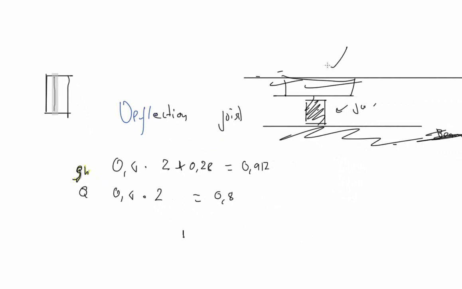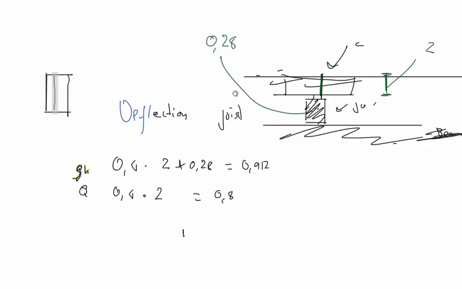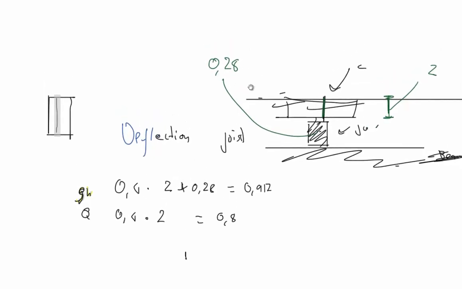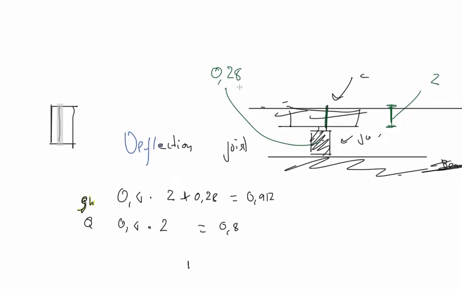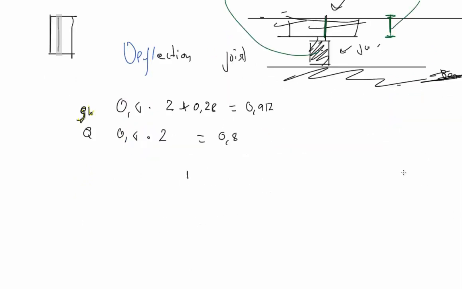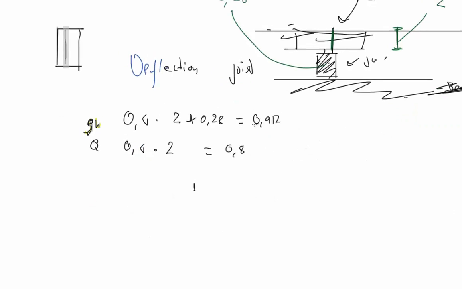So this part would be 2, and this would be 0.28. Is this correct? Yes, this is correct. The numbers coincide, that's why I had the confusion.